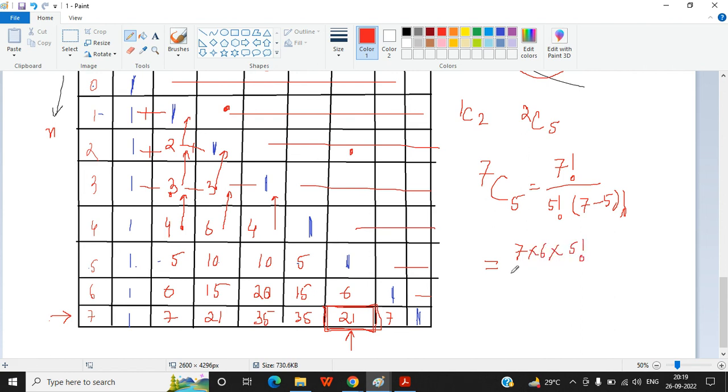We do not need to calculate factorial 5 because the factorial 5 in the numerator and denominator will cancel out. Factorial 2 means 2. So this will be 42 by 2, and that is 21.